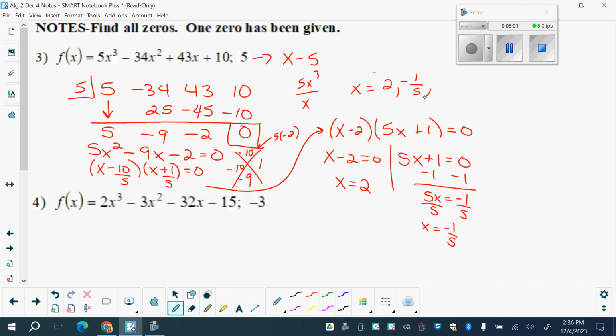Okay, my solution is 2, negative 1/5, and 5. Where did I get the 5? It's really easy to forget that. The 5 is listed here, so when I list my roots, or zeros, whatever you want to call them, I need to list that as one of them.